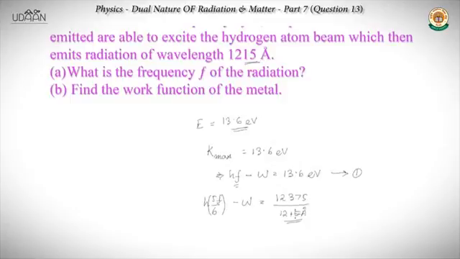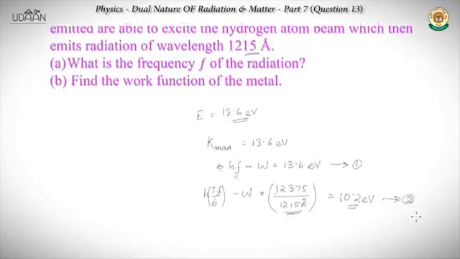This is the formula given in the theory part of this course. To find the energy, just divide 12375 by the wavelength in Angstroms. This basic formula, which you need to remember, gives the energy in electron volts, 10.2 eV. We take this as equation 2.